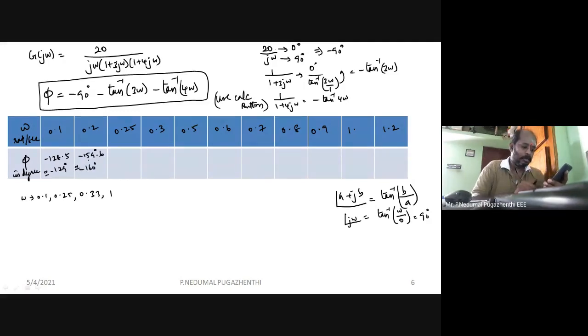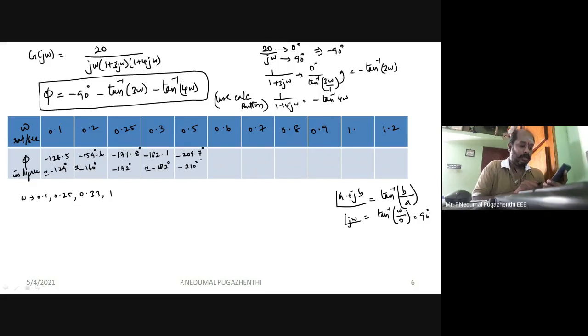Then calc 0.25: minus 171.8 degrees, so I will round it off to minus 172. Then 0.3, I am getting minus 182.1, so I will round it off to minus 182 degrees. Then 0.5, I am getting minus 209.7 degrees, so I will make it minus 210 degrees.